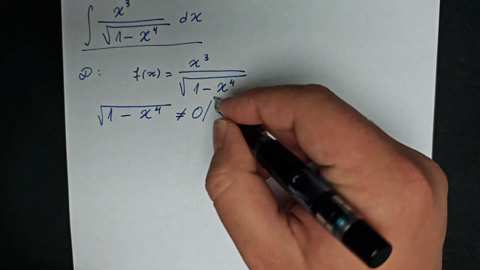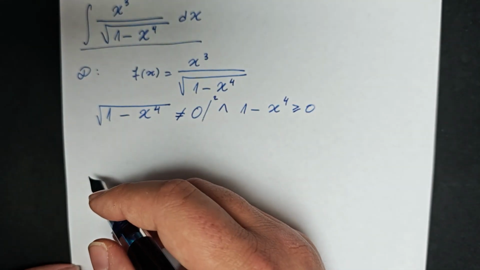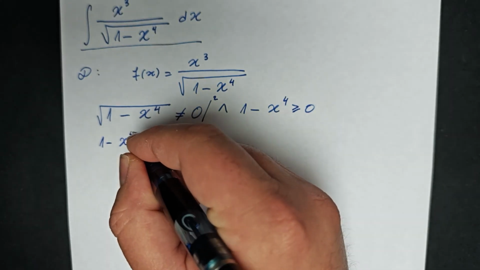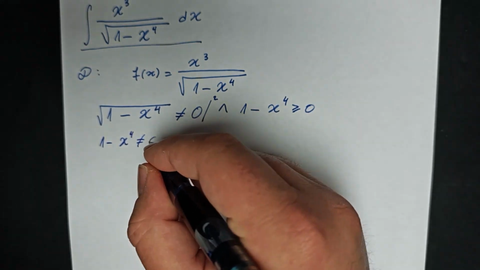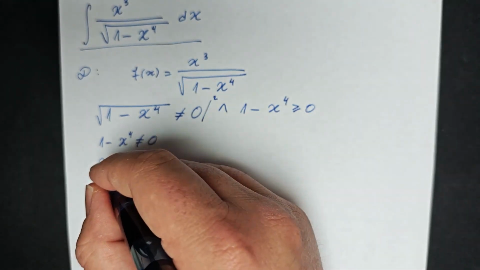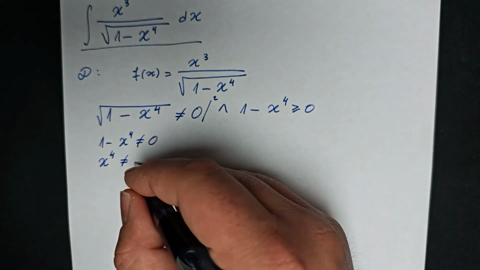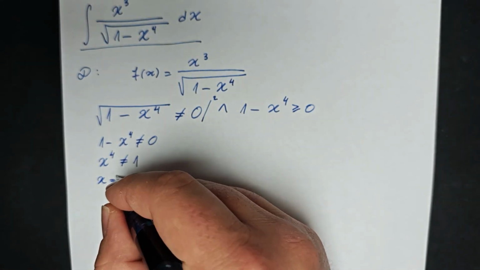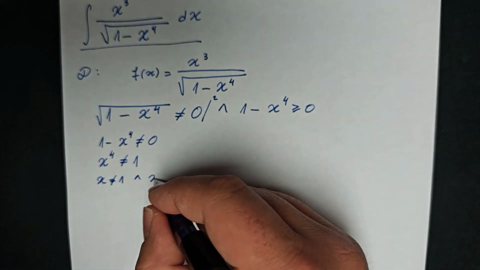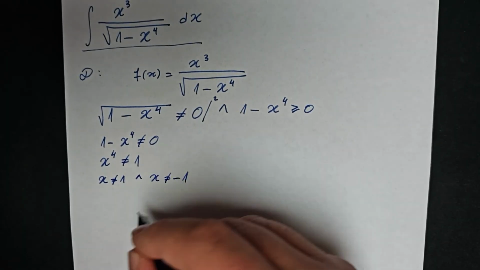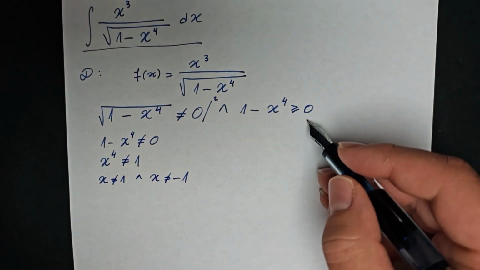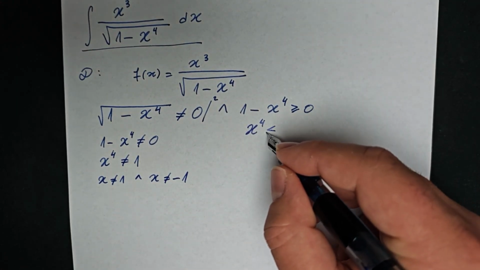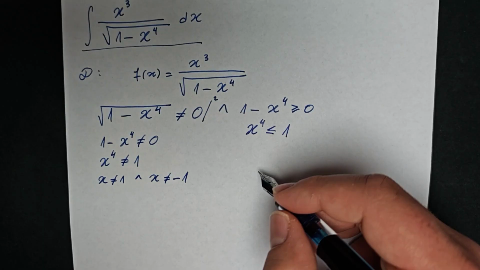We are going to square this first inequality which we have. By doing that, we get that 1 minus x to the fourth power is not 0, and that means that x to the fourth power cannot be equal to 1. Well, that means that x has to be different from 1 and that x has to be different from negative 1. In this other case, we see that x to the fourth power has to be smaller than or equal to 1.